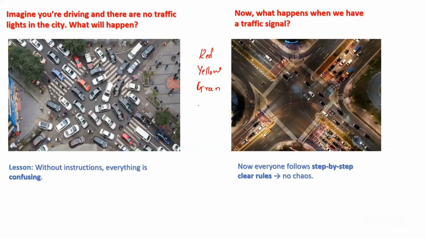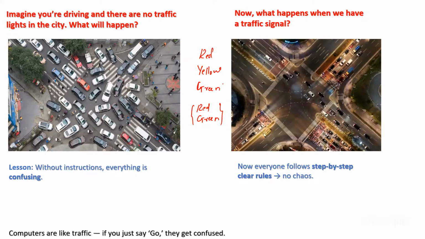If it keeps blinking red, green like this, what will you understand? Can you understand anything from this? No. So you know that if red is there, I need to stop. If green is there, I need to go. If it keeps on blinking red, green, you don't know what to do. The instructions are not clear.